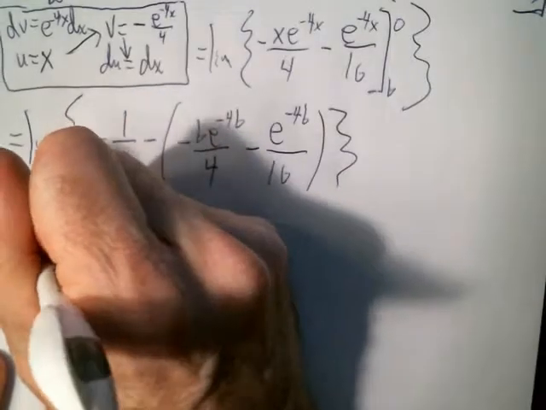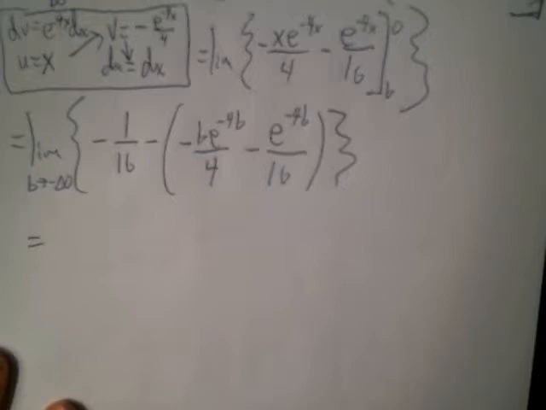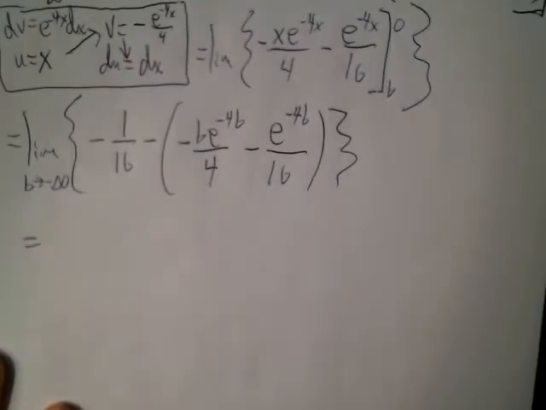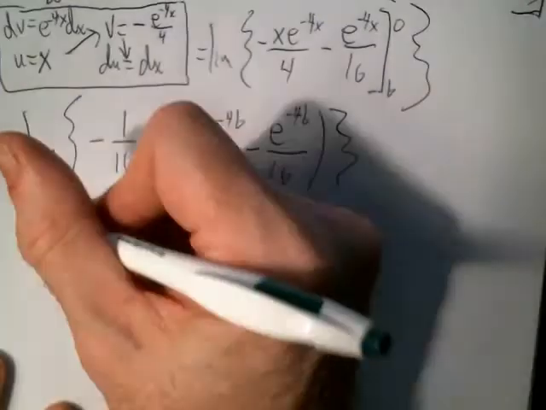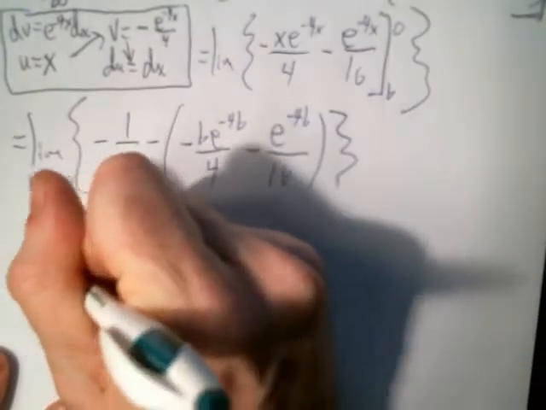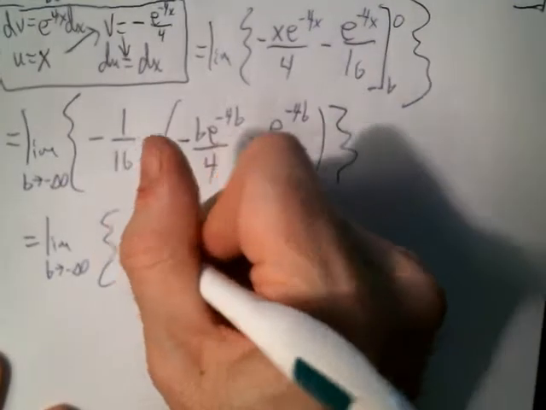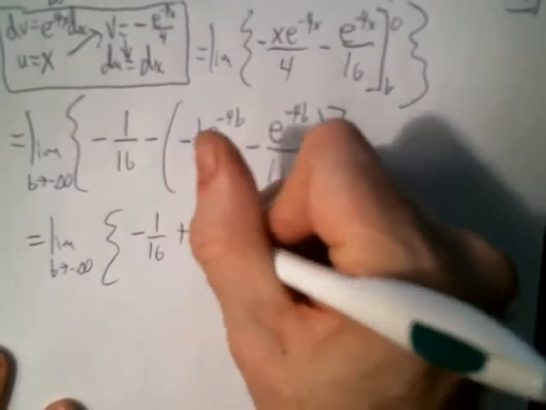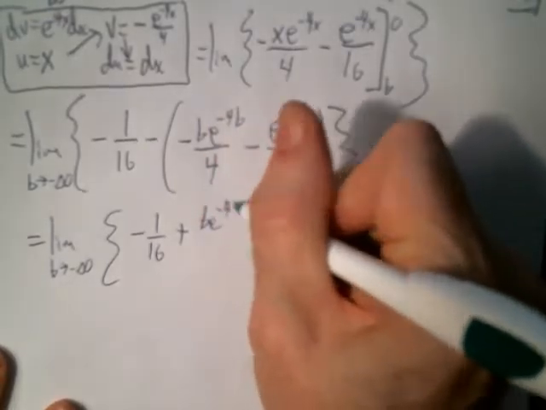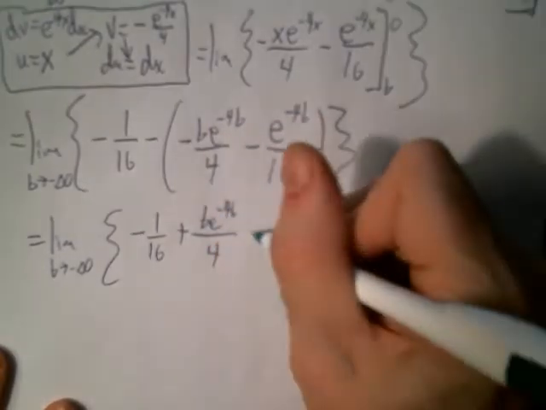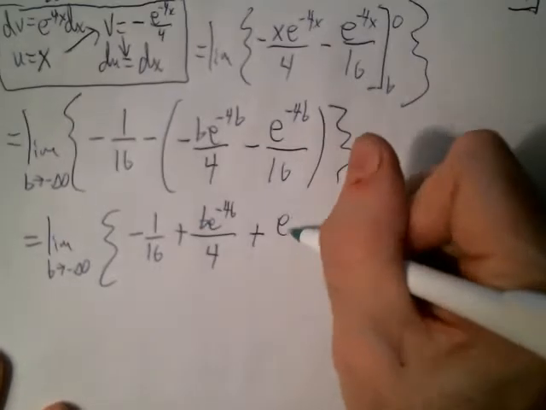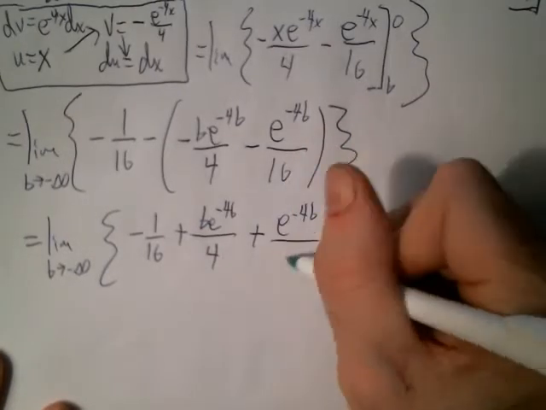Okay. You can clean that up a little bit and start dealing with whatever is going on there. This will be the limit as b goes to negative infinity of negative 1/16 plus b e to the negative 4b all over 4 plus e to the negative 4b all over 16.